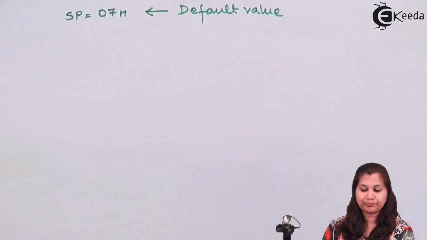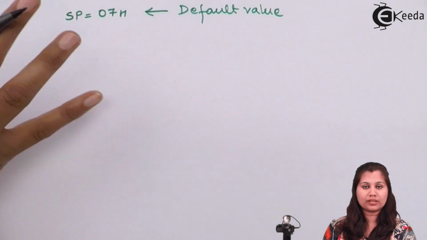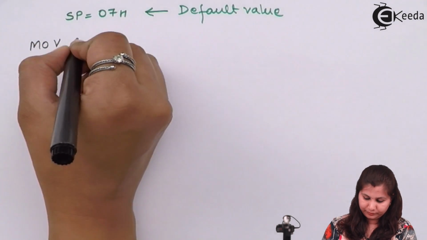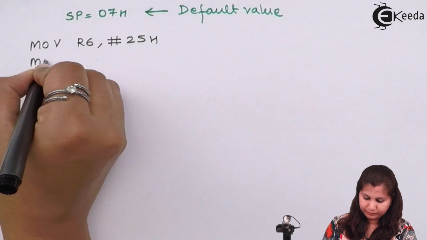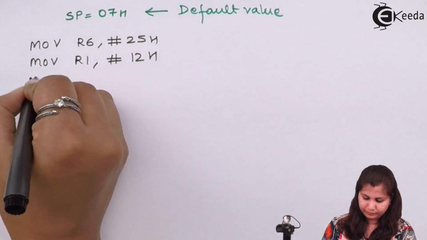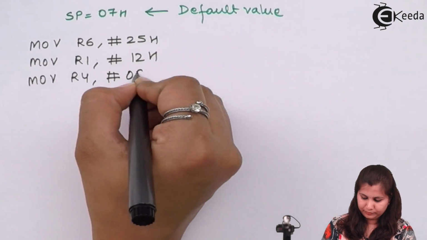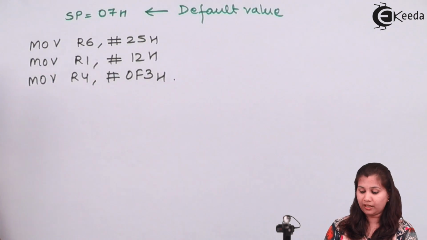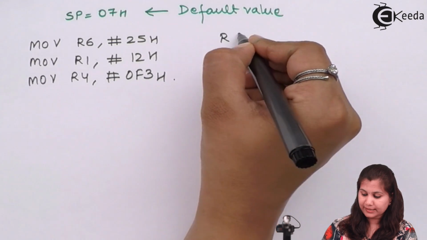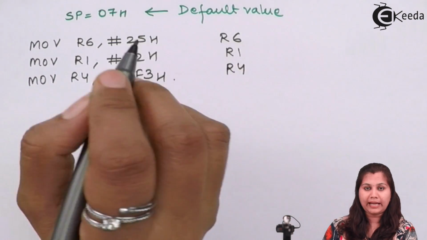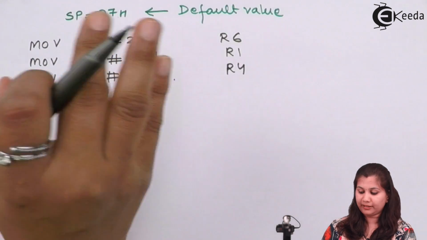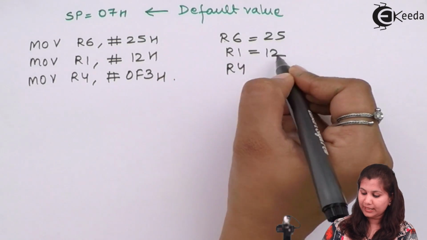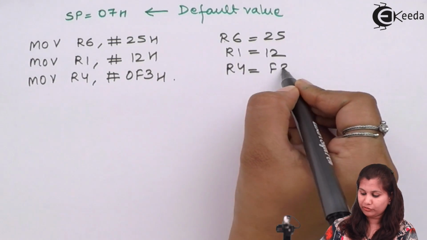Now first we are moving the data into some registers. Here we have written 3 instructions for moving the data. We have used the 3 registers R6, R1 and R4, and we are storing some immediate 8-bit data into these registers. In R6 we have stored 25, in R1 we have stored 12, and in R4 we have stored F3.